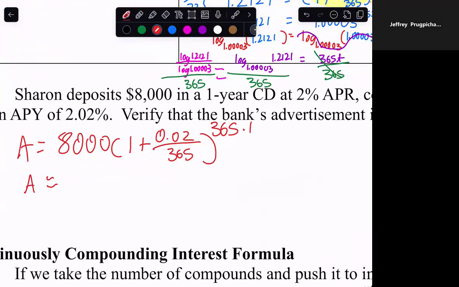The variable is already by itself, so we don't need to do anything to both sides. We just need to combine the right side into a single number. Using my calculator, I get $8,161 and rounds to 61 cents.